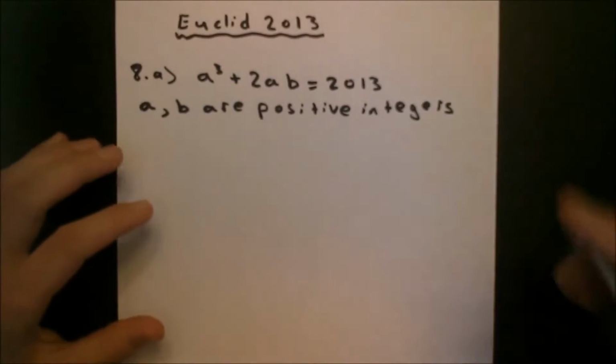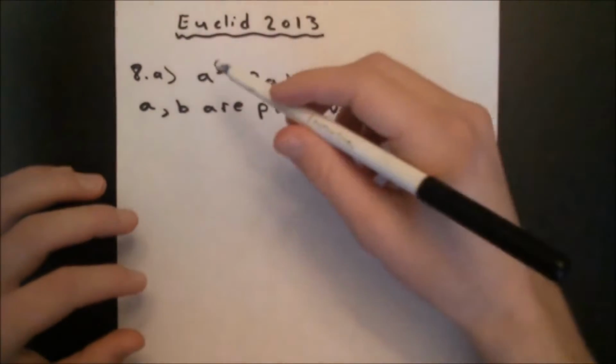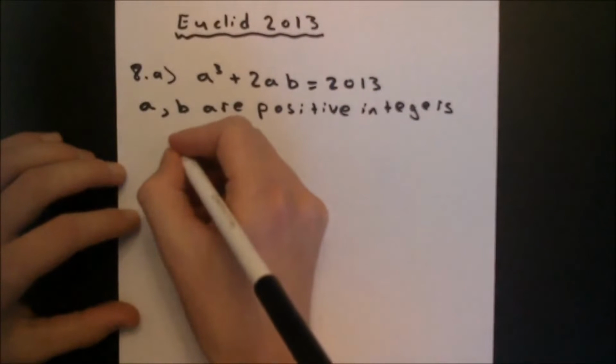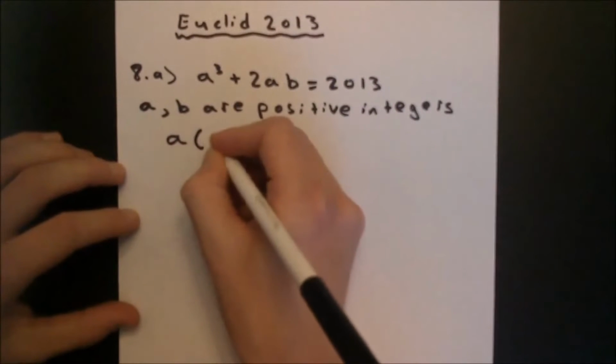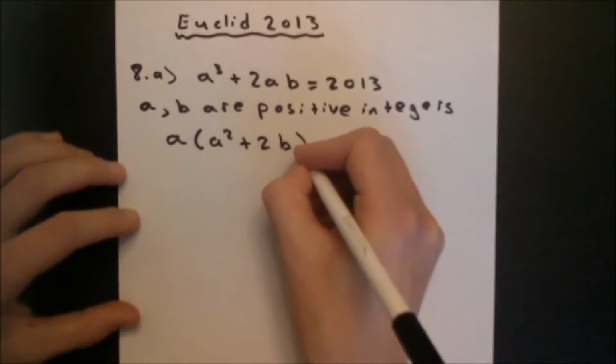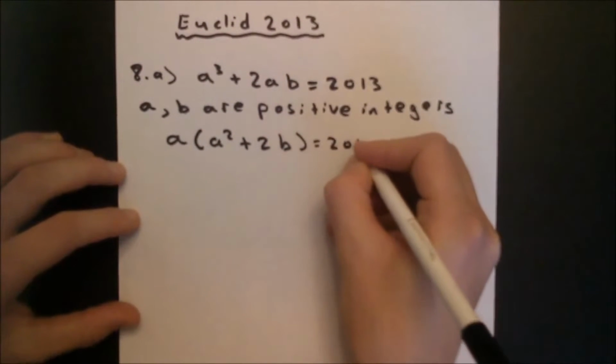The first thing I noticed is that I can factor out the a from the left side of the equation. So I can change this to a times (a squared plus 2b) is equal to 2013.